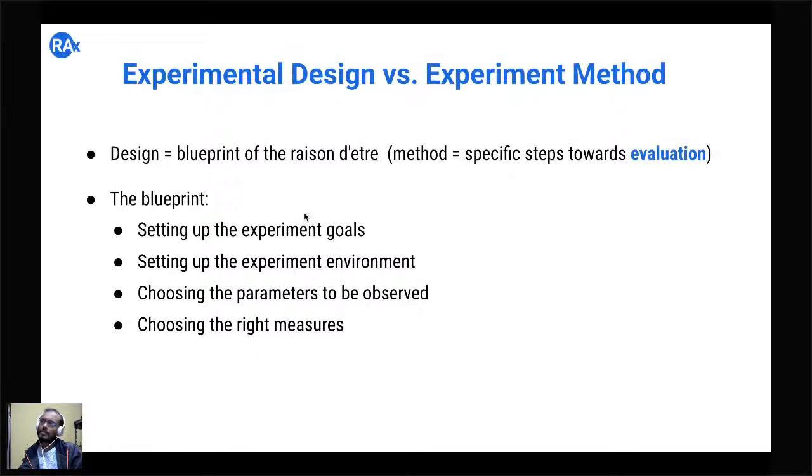And when you write your paper and write about your experiments, these are the four sections, so to say, describing which experiments you are doing and why you are doing that, so that you can evaluate your research method. Okay, so that's the purpose.